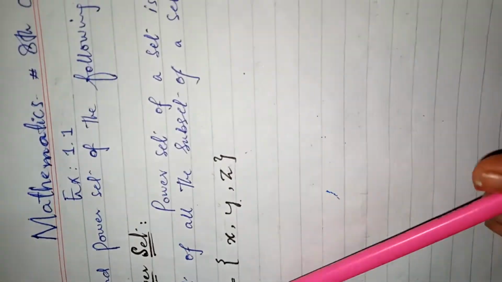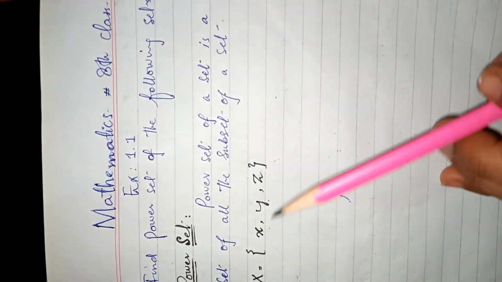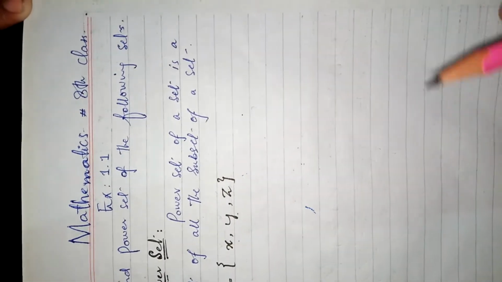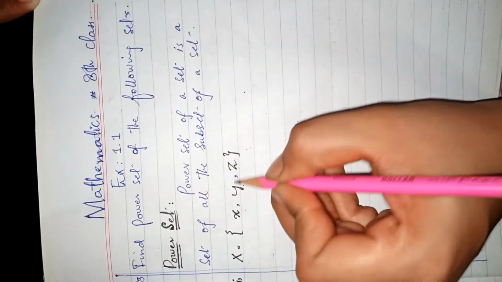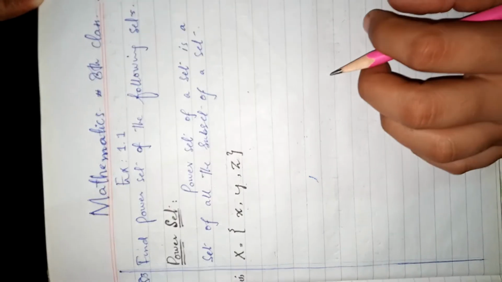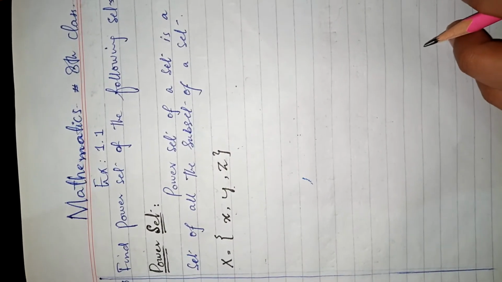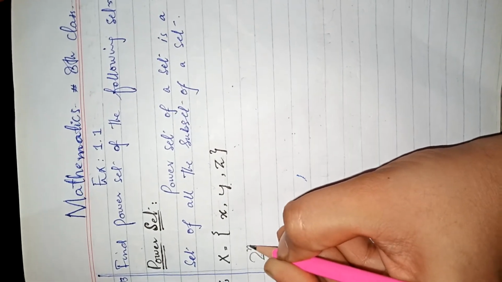If we have a set X containing elements x, y, z, then the power set is all the possible subsets of set X. How many sets will be there? The total number of elements in set X is 3: 1, 2, 3. And the total possible subsets will be 2 to the power n, where n means the number of elements.